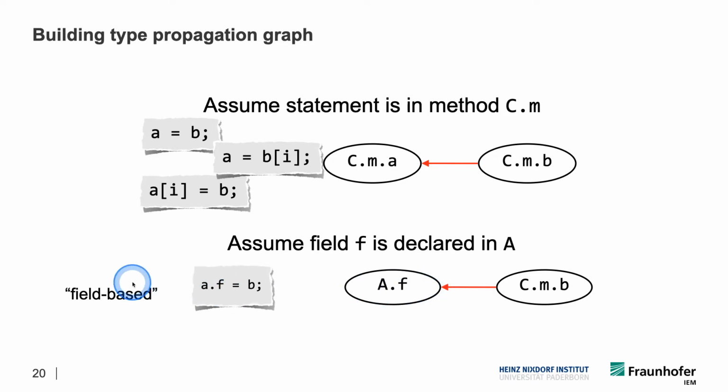And this is called a so-called field-based analysis. So we are ignoring the concrete variable. We are only looking at the type that this variable has. That's another deliberate abstraction that is being chosen here, just to make the analysis more simple. And you can see it as a form of widening, basically, right? So we are choosing a more coarse-grained abstraction in both of these cases to make the analysis more tractable.